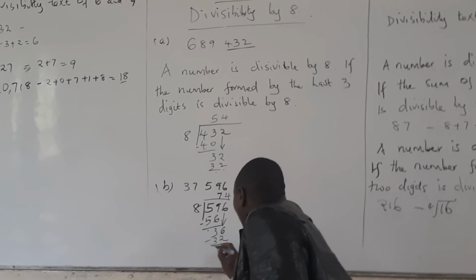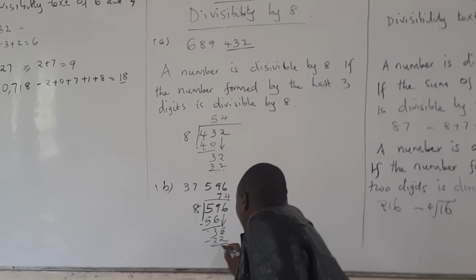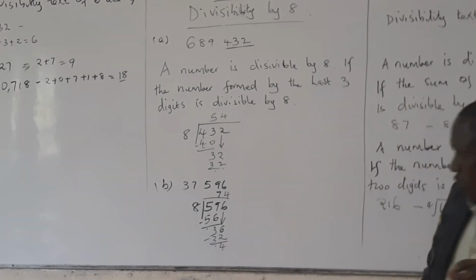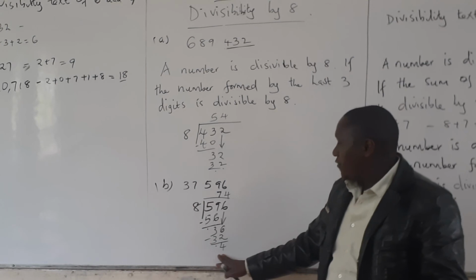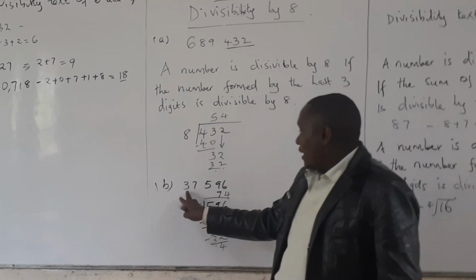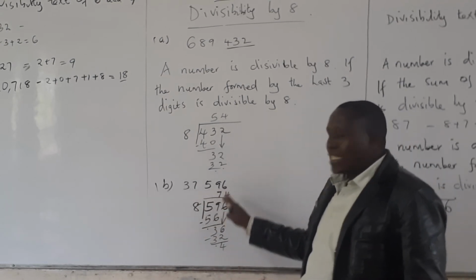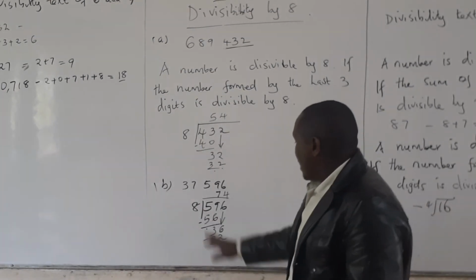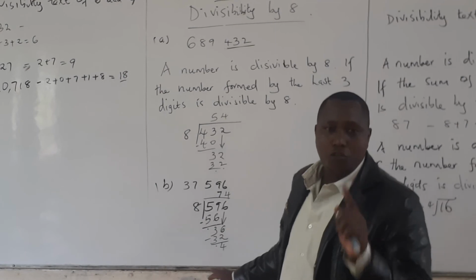You have 6 minus 2 is 4. This one is 3. You now have remainder 4. That means 37,596 is not divisible by 8 because the answer leaves a remainder of 4.